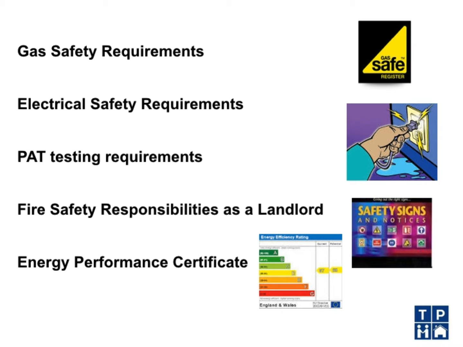It's only if you supply those to the tenants. Particularly, let's say, in houses of multiple occupation, where very often you have a room share environment and you will have supplied all of the goods perhaps in the kitchen, for example, where you might have supplied the fridge, freezer and the kettle and the toaster and the microwave. And therefore you need to make sure that your PAT testing is done on a regular basis to comply with the legislation.